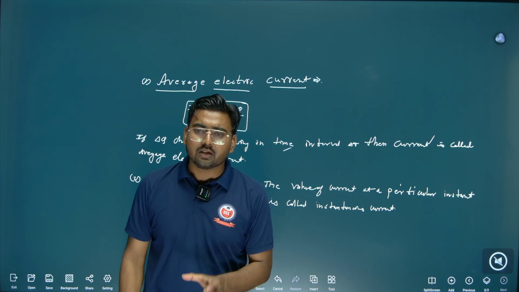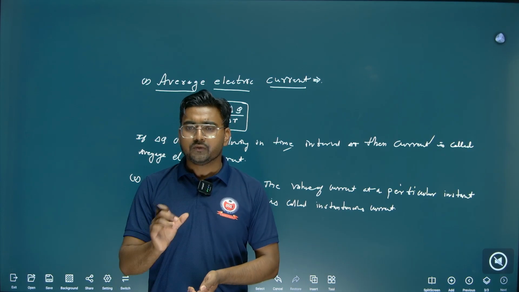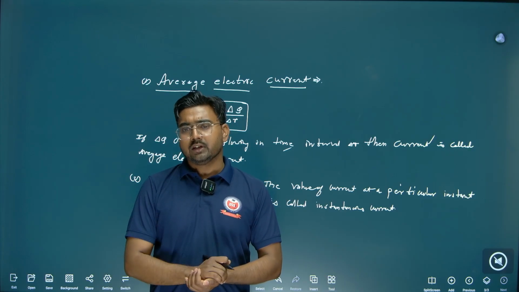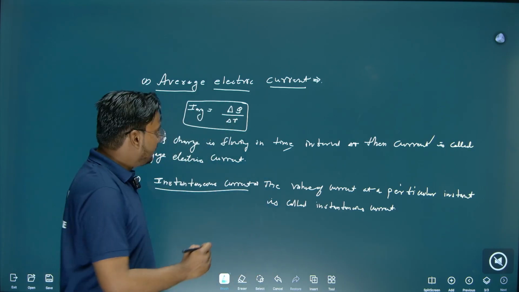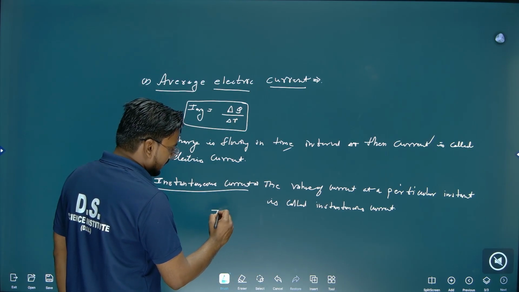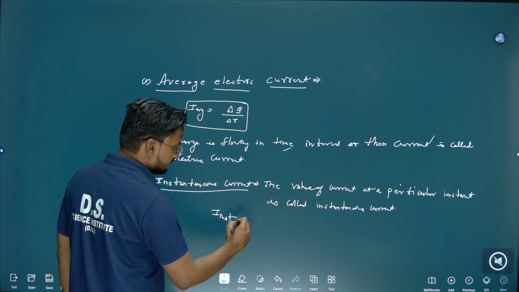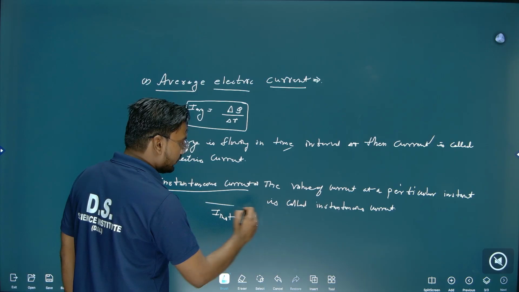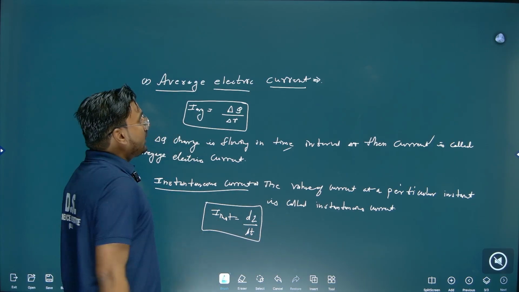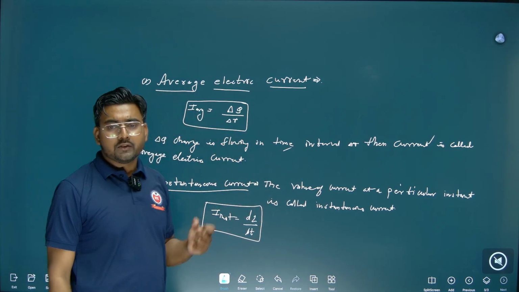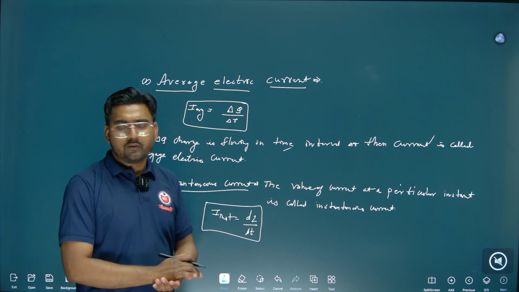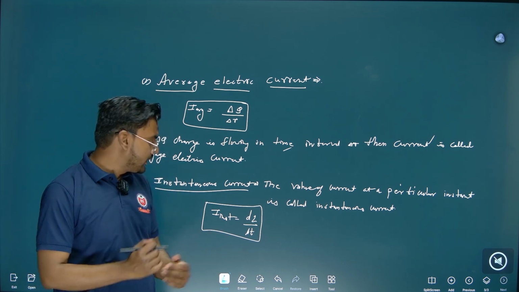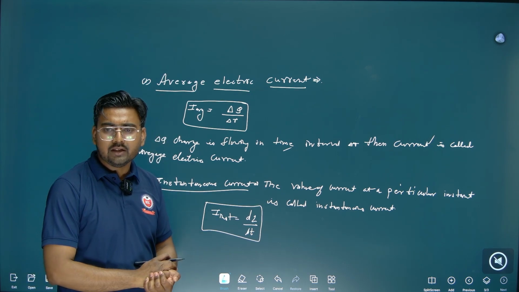In average electric current, when delta T tends to 0, then we consider the particular instant, that is instantaneous current. I instantaneous is dq by dt.